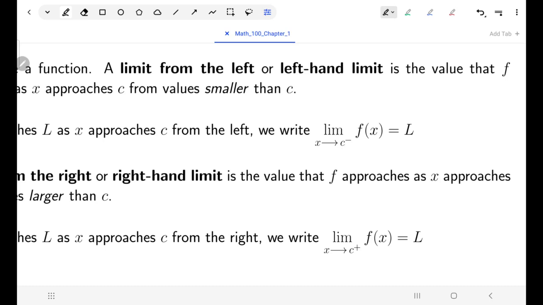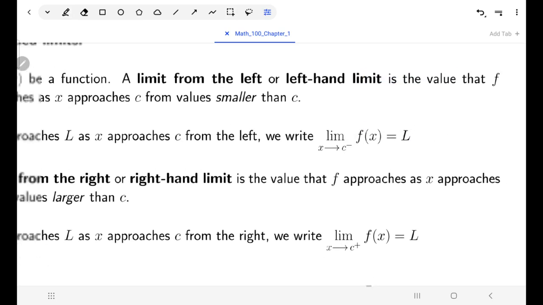So for example, if we were approaching x approaching 0 from the left, we'd be talking about things like negative 0.00001 or negative 0.00000003, things that are small, close to 0, but on the left side of it. And if we're talking about limit x goes to 0 from the right-handed limit with the plus, those would be using values slightly larger than 0, like positive 0.000001.